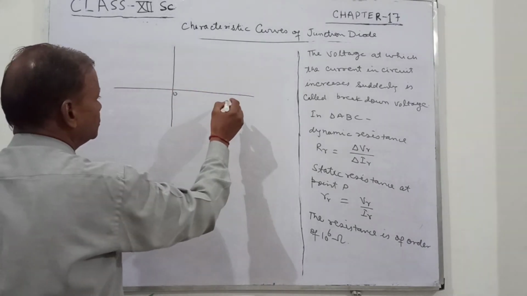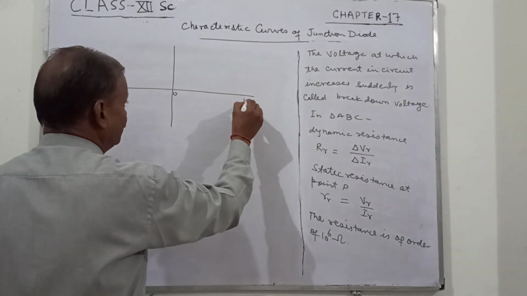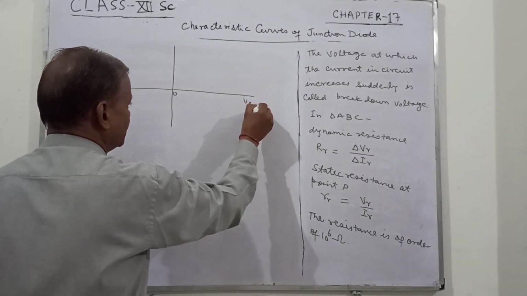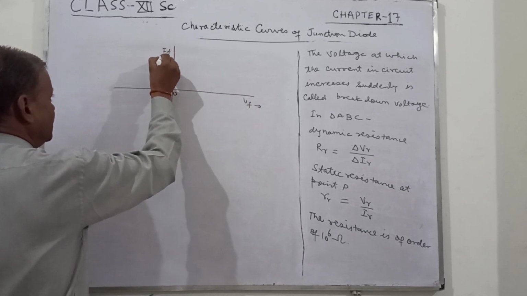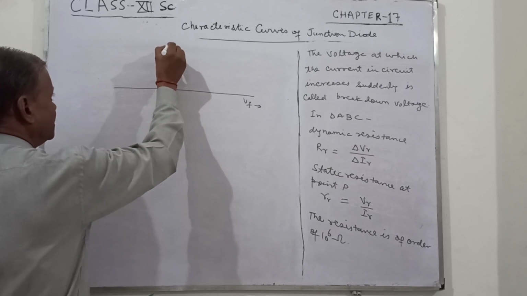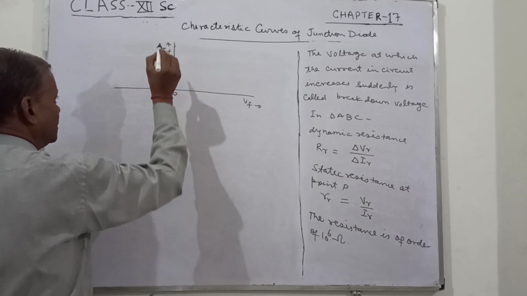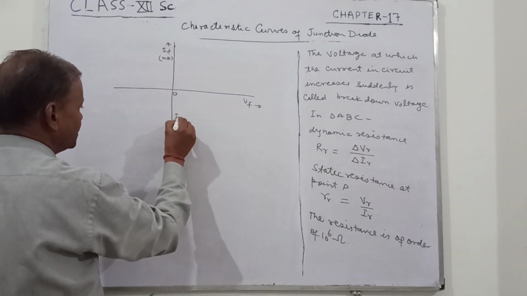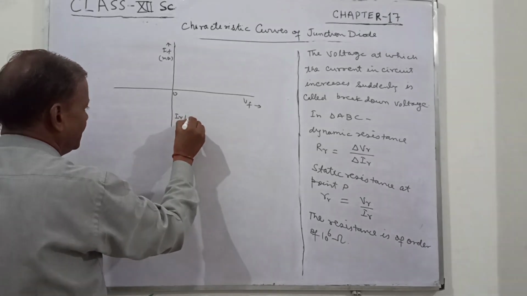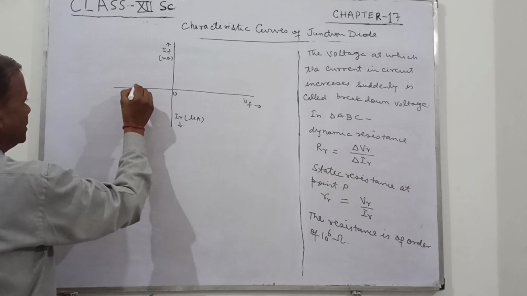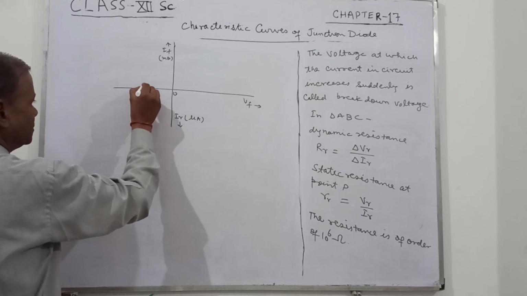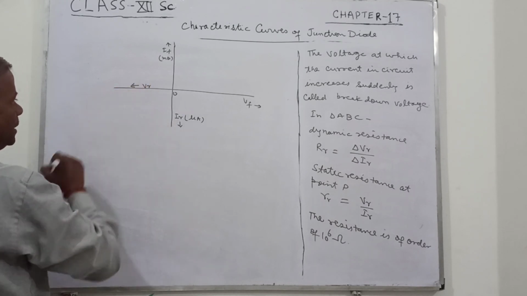This is 0, this is your VF, and this is IF in milliampere, and here we have this IR in microampere, and this we have the VR like this.